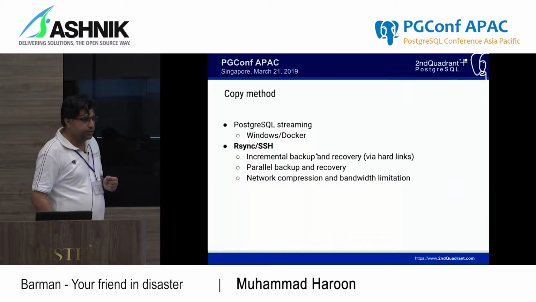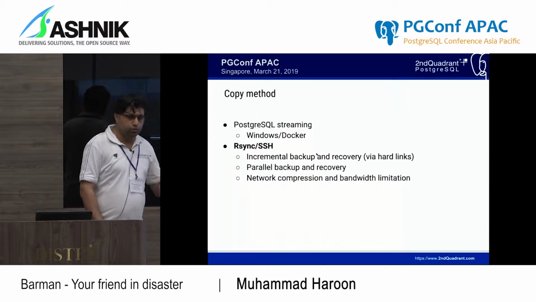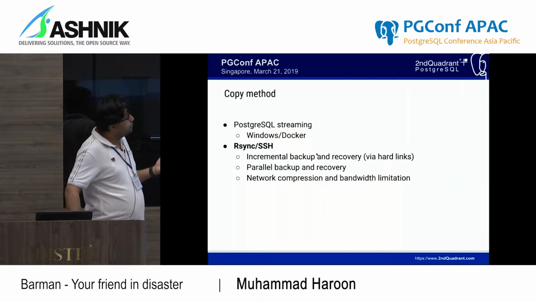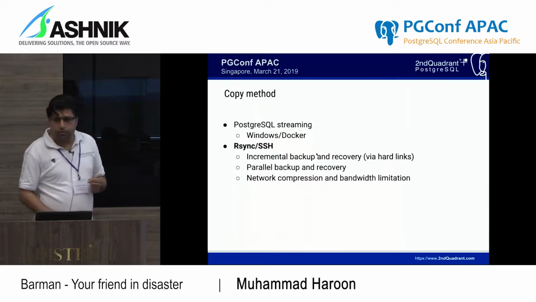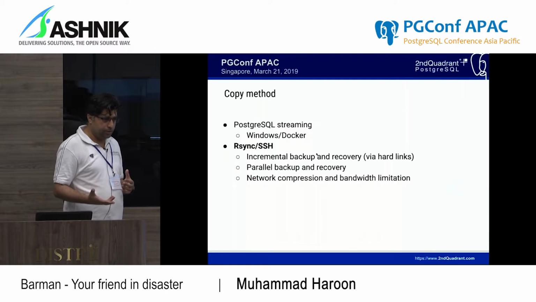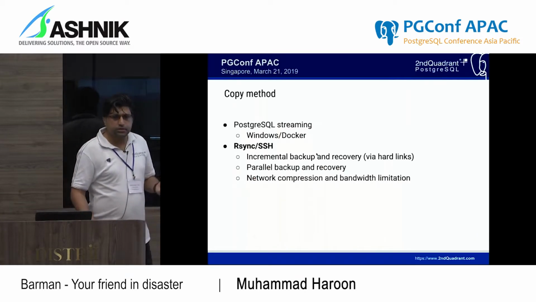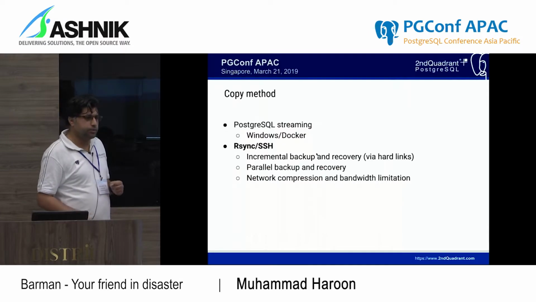Now the copy method, which Barman will use to provide this functionality, is basically of two types. One is PostgreSQL streaming. PostgreSQL provides streaming replication. It's been there for a while. And Barman utilizes exactly that in order to implement streaming.